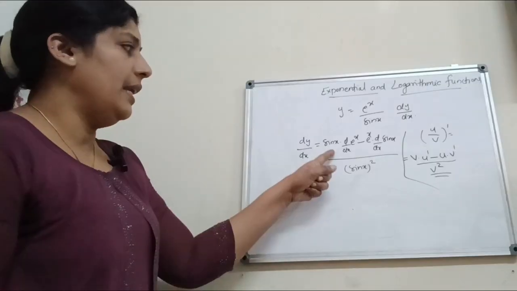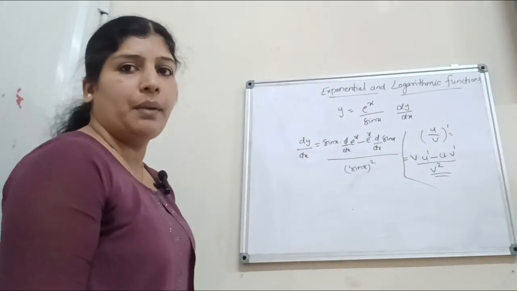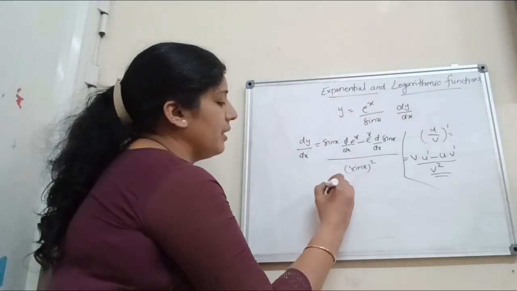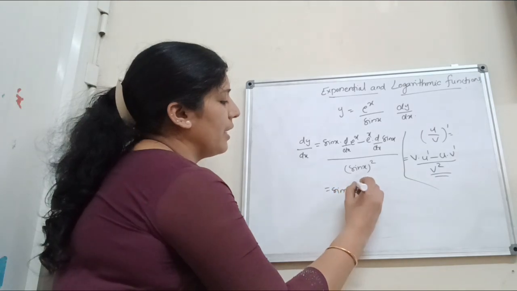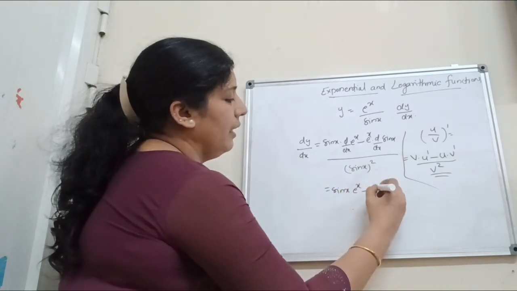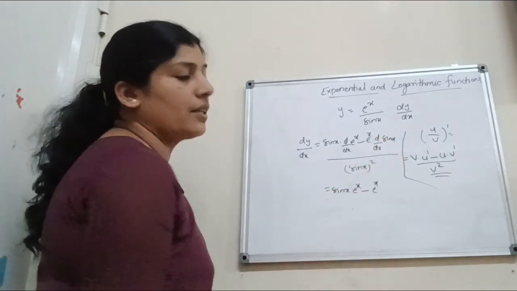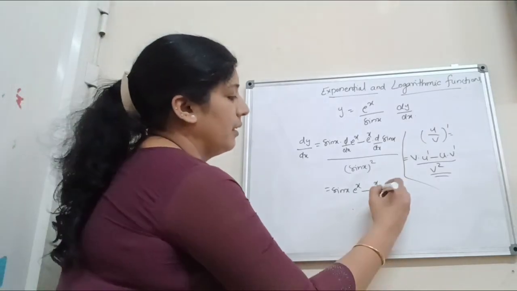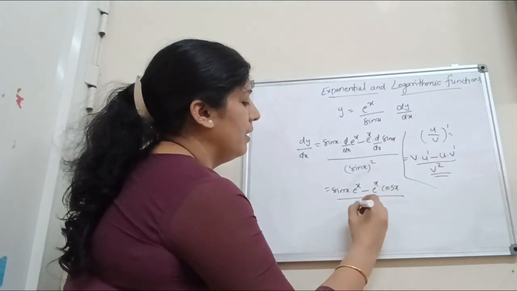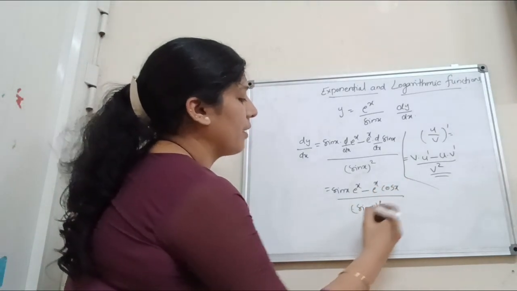Now here sine x into d by dx of e raised to x. d by dx of e raised to x is e raised to x. That is equal to sine x into e raised to x minus e raised to x into d by dx of sine x, which is cos x, divided by sine x whole square.